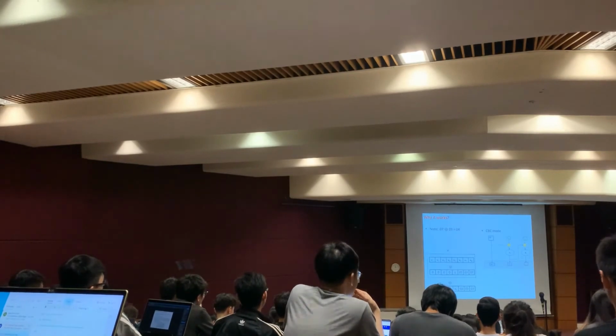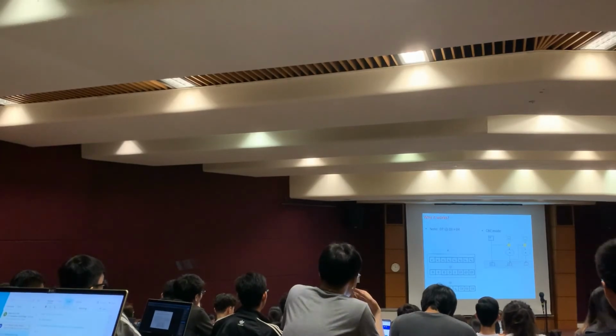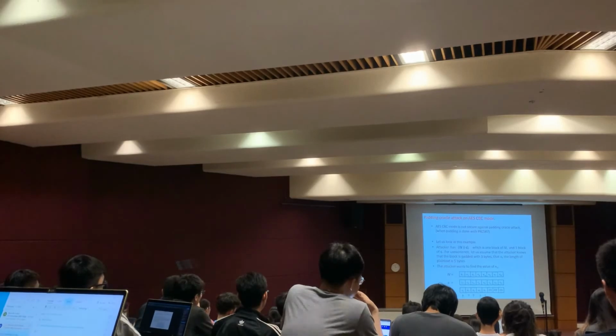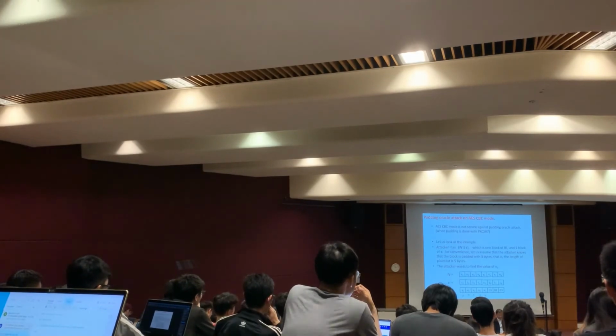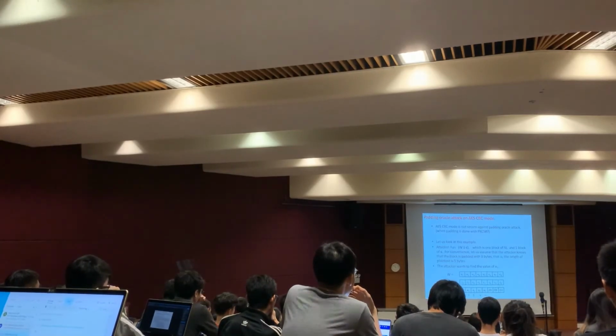What you receive as an attacker is this one and this one. And you know that it's padded with 3, so you know the last 3 is 03, 03, 03, but you don't know all this.